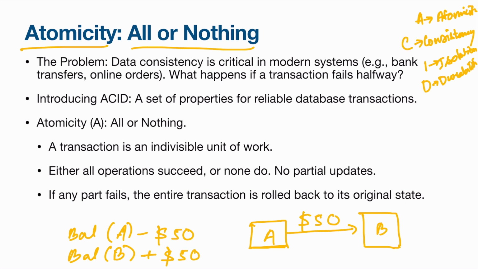So you can see there are actually two database operations that need to happen, and the atomicity ensures that either both of these operations happen or none of these operations happen. So without this atomicity guarantee, what problem can arise?